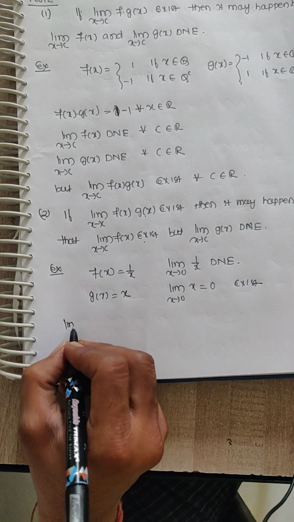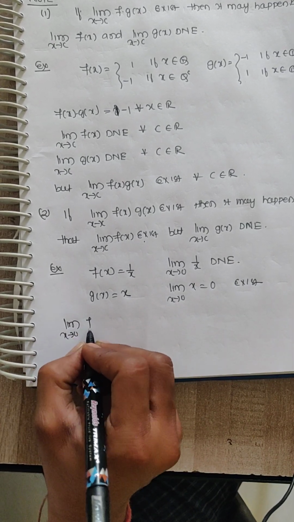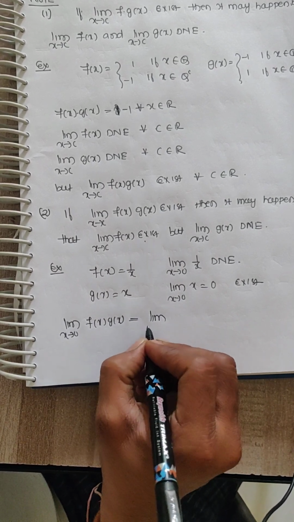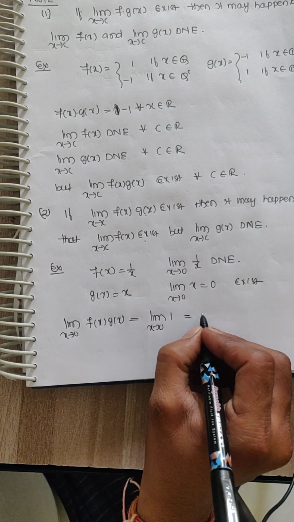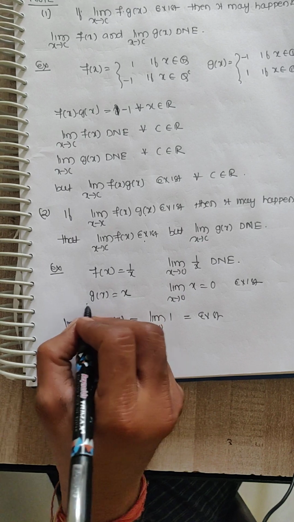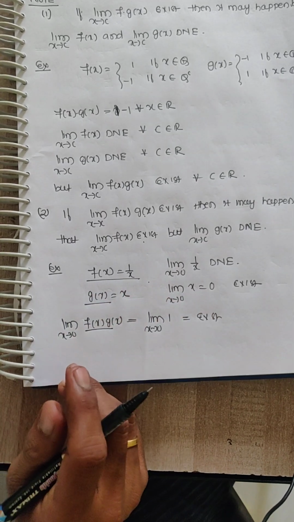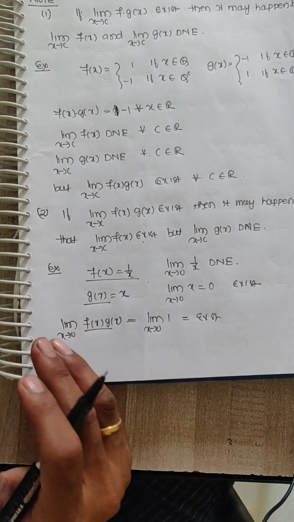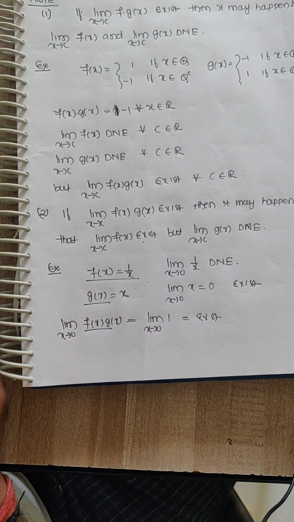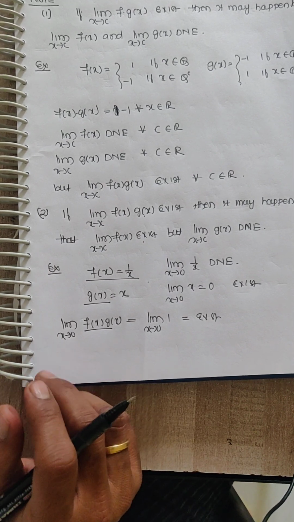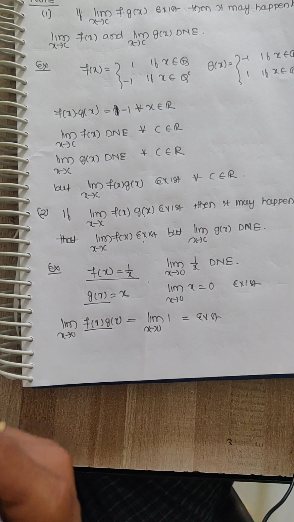Then f(x) into g(x) is nothing but 1, and it exists everywhere. So the product exists, g(x) exists, but f(x) does not exist. So it may happen that one of the limits exists but another does not exist. Now in the next one we will show the divisibility of these two existing limits.